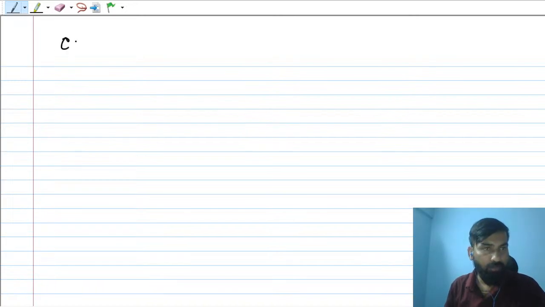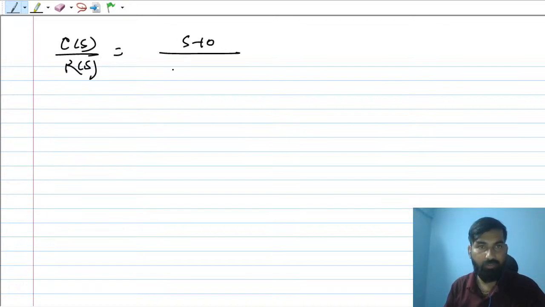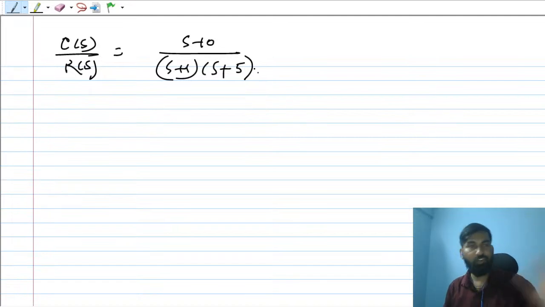So suppose we have C(s)/R(s) of the form (s minus 10) upon (s plus 1)(s plus 5). Suppose we have this kind of ratio of polynomials.